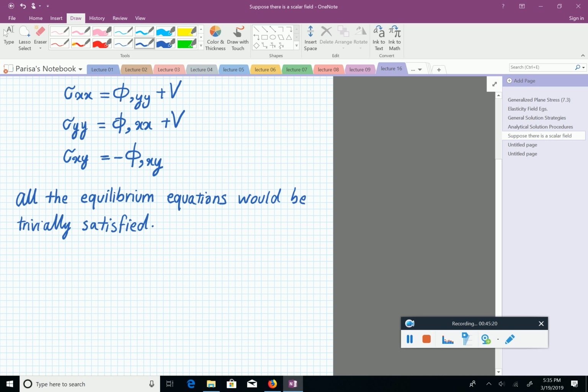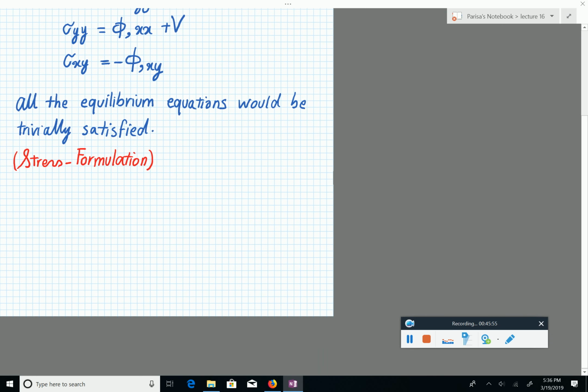So now, remember the stress formulation? What was the equation? Which equation was the Beltrami-Mitchell, right? Now, if we substitute the expressions for the stress into the Beltrami-Mitchell equations, you are going to get an equation in terms of phi, right?